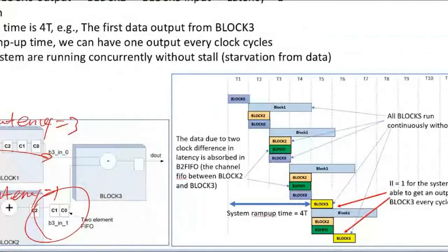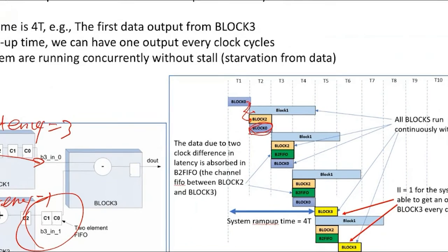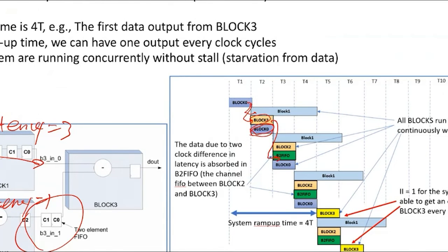Block 0 generates the output to block 1 and block 2. Once it's taken, block 0 can run again. Then block 1 and block 2 generate the output, and the output is pushed into the FIFO. So block 2 can take input from block 0, and since block 1 is a pipeline with II equal 1, it can take as well.